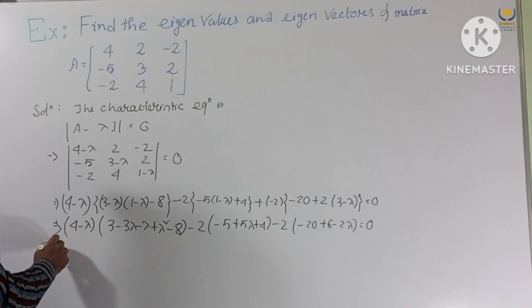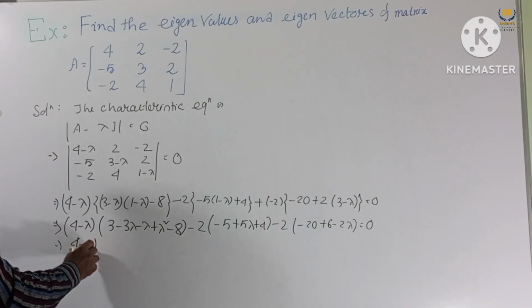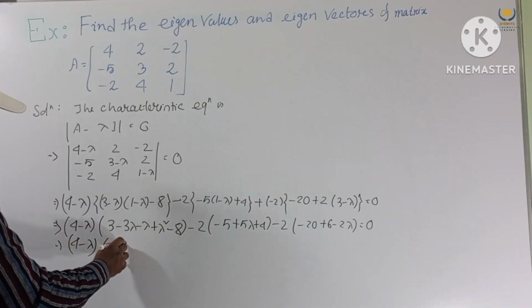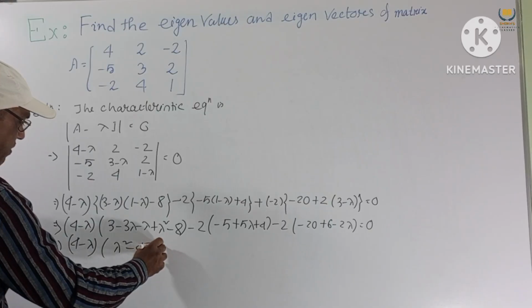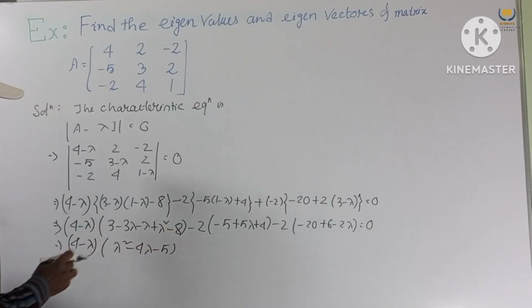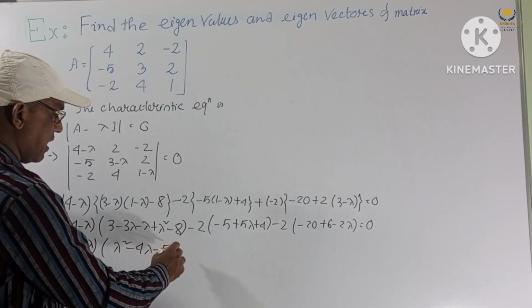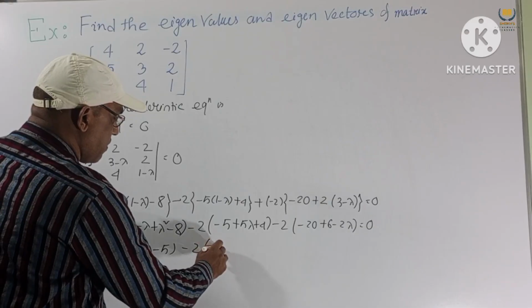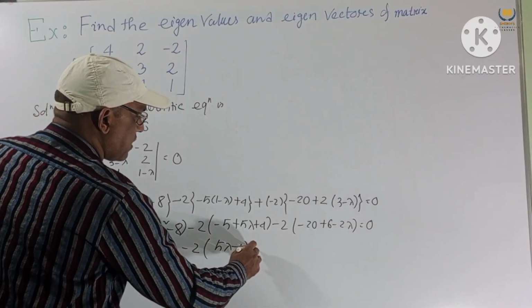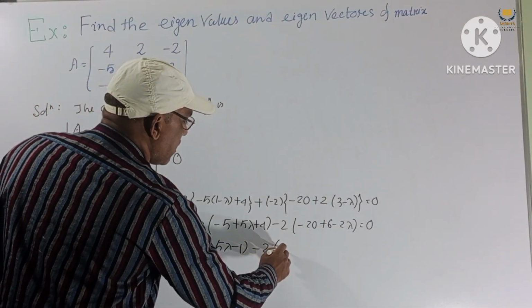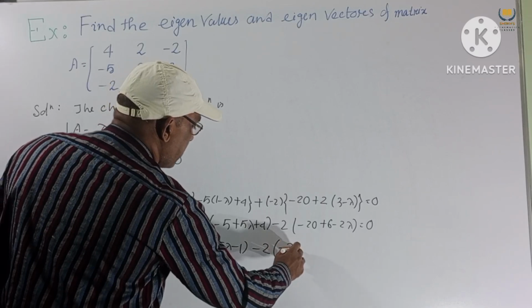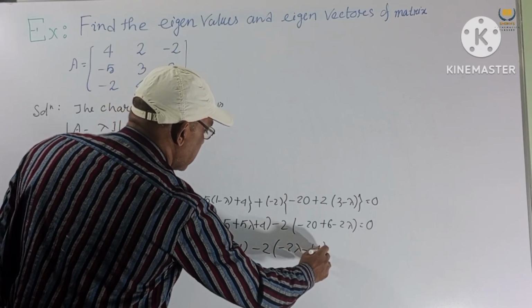So we get 4 minus lambda times (lambda square minus 4 lambda minus 5), and minus 2 times (5 lambda minus 1), minus 2 times (minus 2 lambda minus 14), this equal to 0.